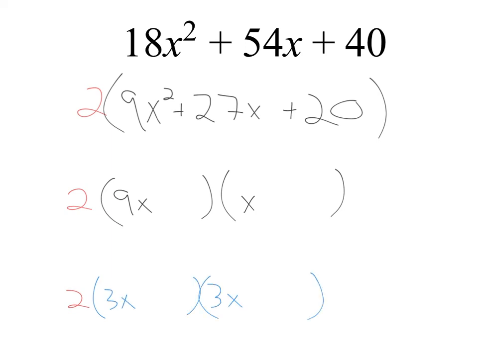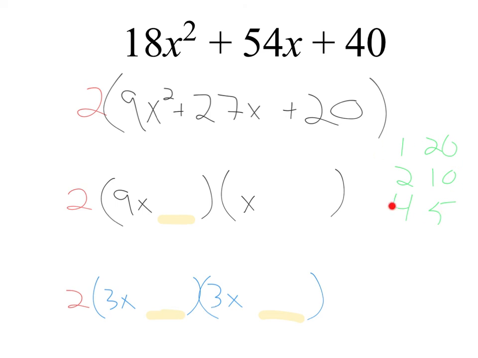The second number in these little parentheses chunks will have to be factors of 20. So either 1 and 20, 2 and 10, 4 and 5. We can use our GCF logic in saying that whatever number goes here cannot have a factor of 3, because then we'd create GCFs.